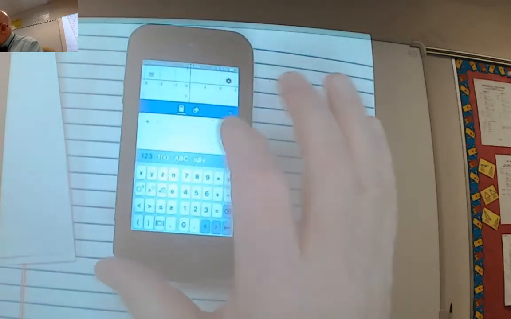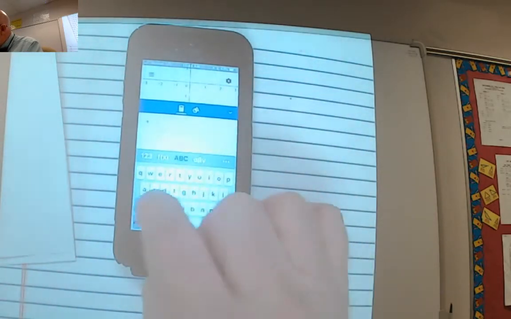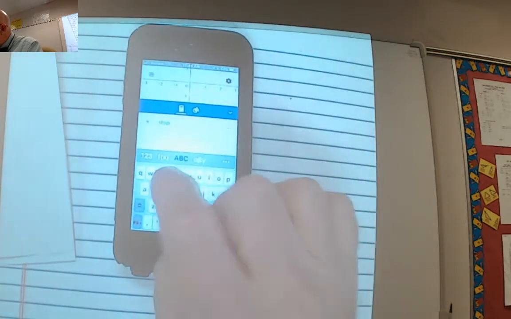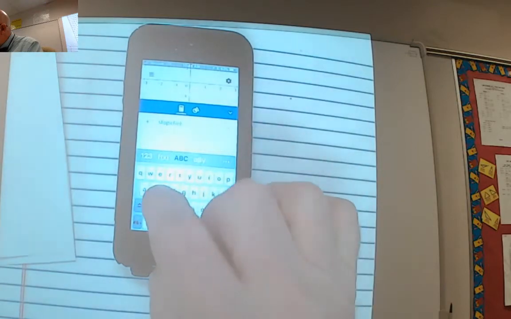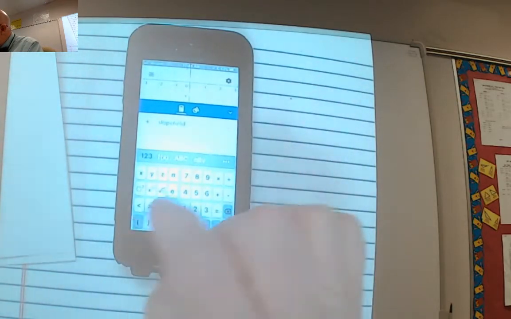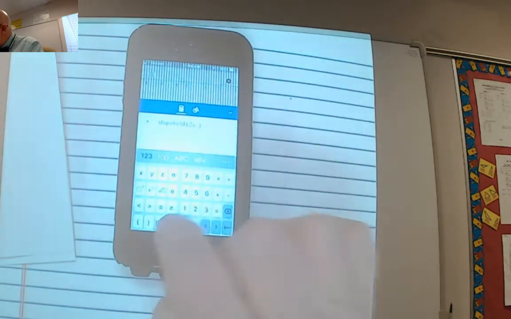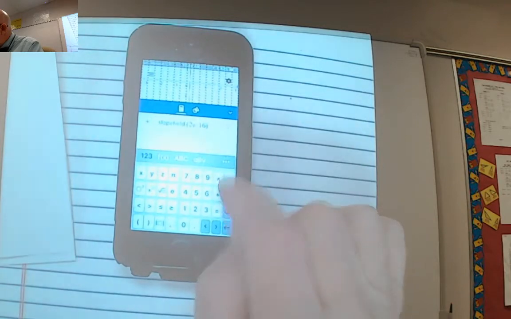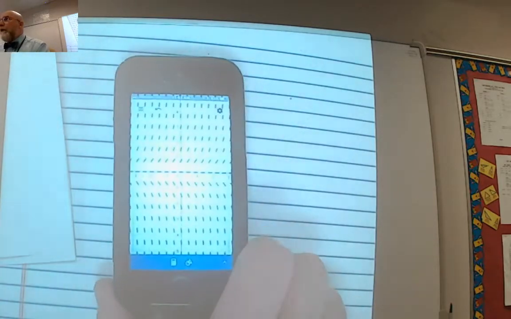Let's see here. So let me type in Slopefield. To y, and let's have 15. Of course, I typed in 16. So that's kind of what your Slopefield looks like.